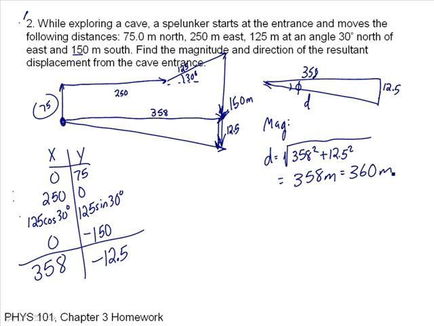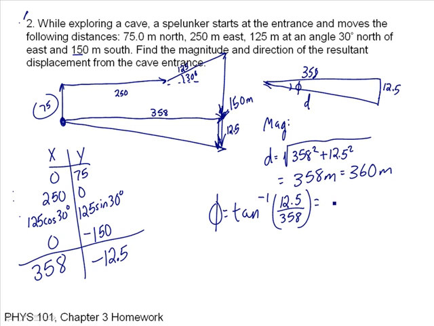Now, to find that angle, phi, it's the inverse tangent of opposite over adjacent, so TOA, T-O-A. The tangent of the angle theta is the opposite over the adjacent, so the angle theta is the inverse tangent of opposite over adjacent. The opposite is 12.5 over 358.